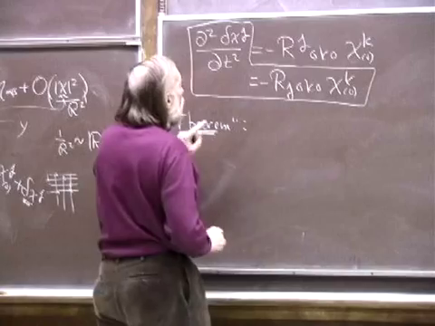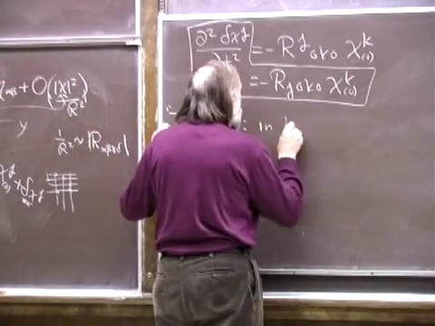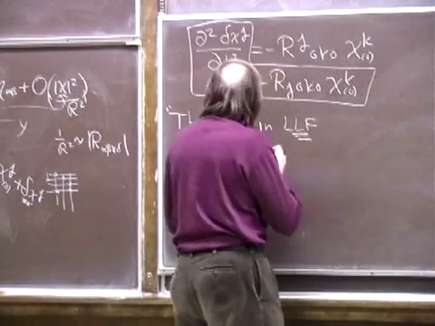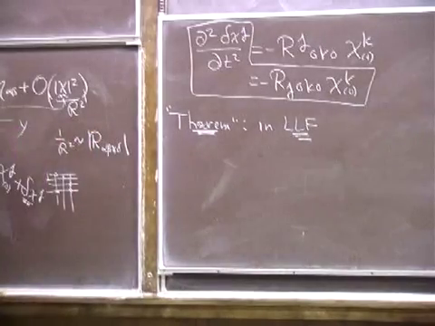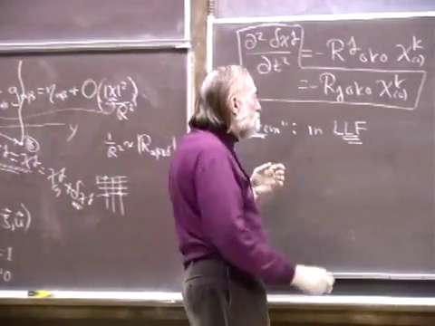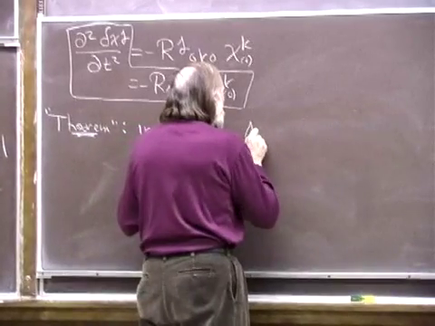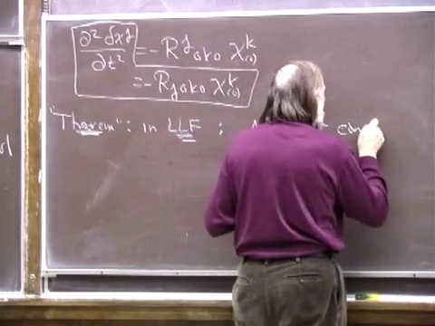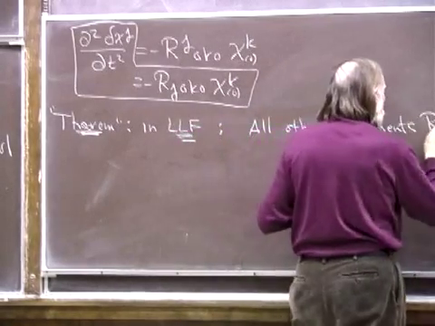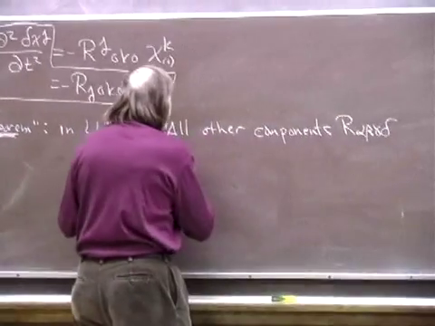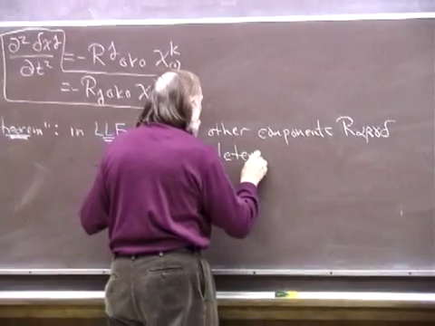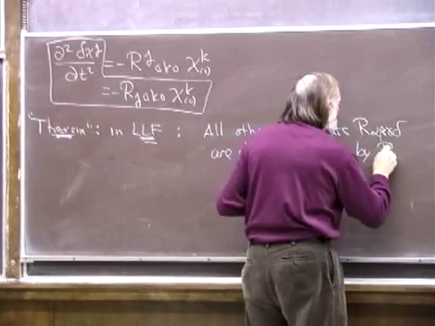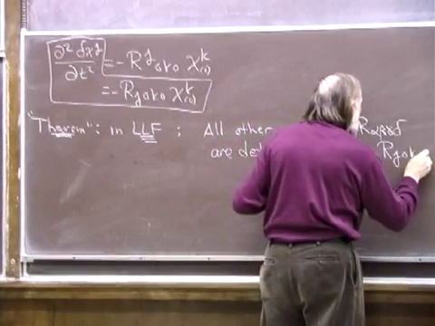And that is that in this local Lorentz frame that I have been using, at the origin, or thinking about it equally well, in the global Lorentz frame of the background spacetime through which the wave is propagating, all other components of the Riemann tensor are determined fully by the components R_J0K0.